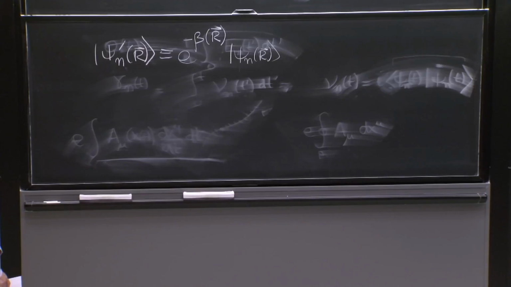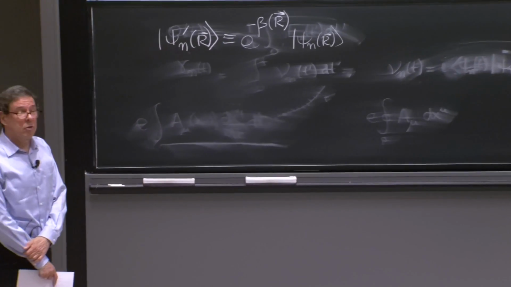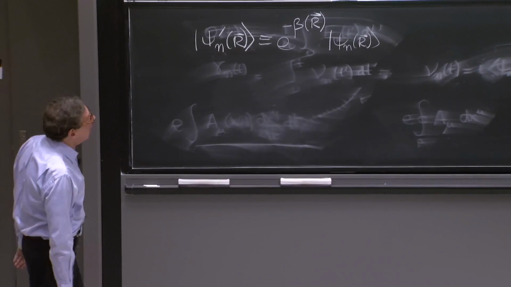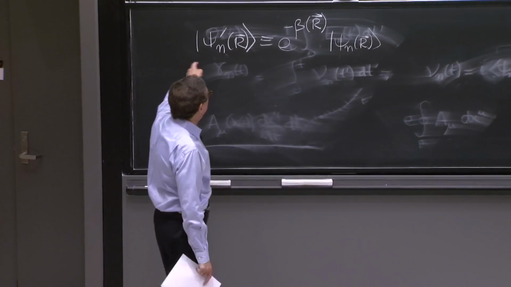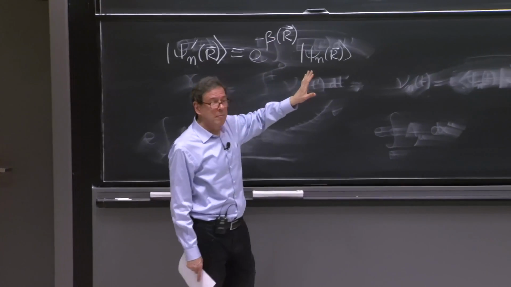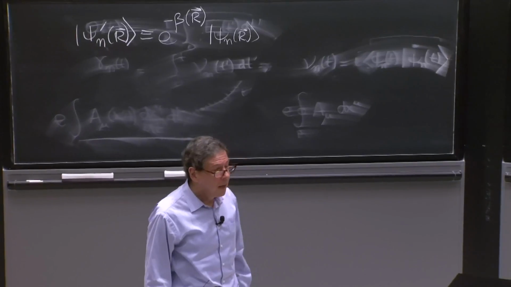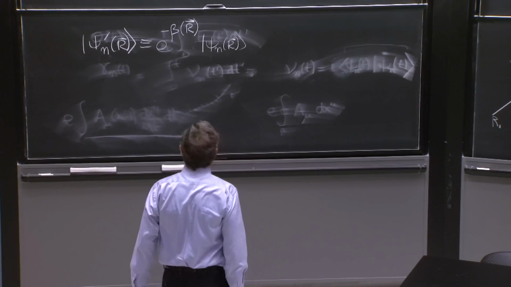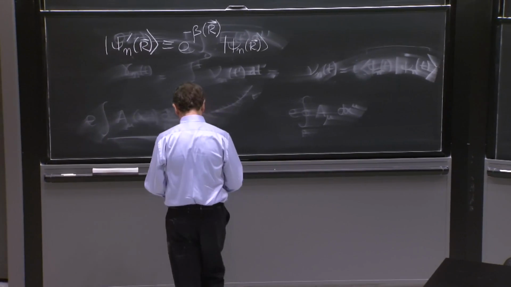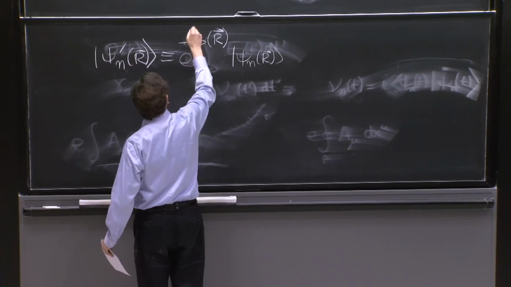The r of t's are parameters of the Hamiltonian. They're not operators. So there's no reason why the Hamiltonian would care about this factor. The r's are just parameters. Yes? So we're not caring about our eigenstates being normalized? No, they're still normalized. I should put a phase here. Thank you very much. Minus i.